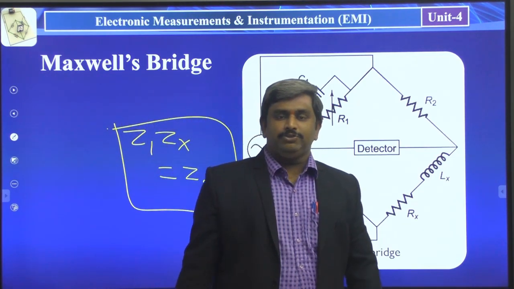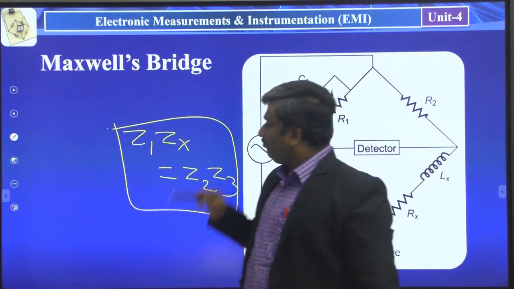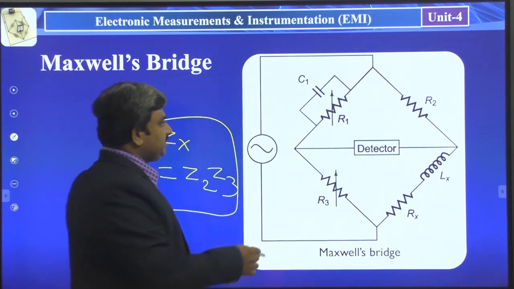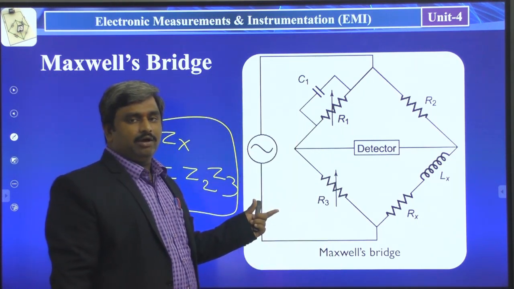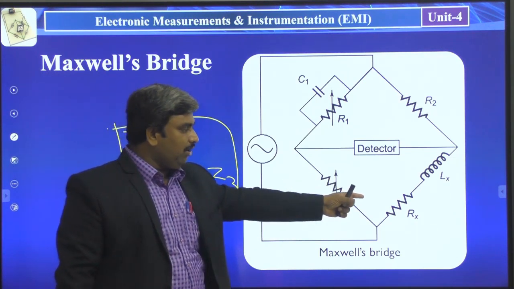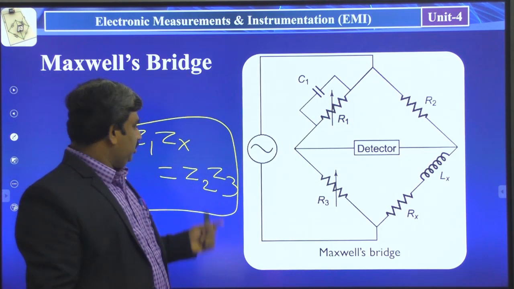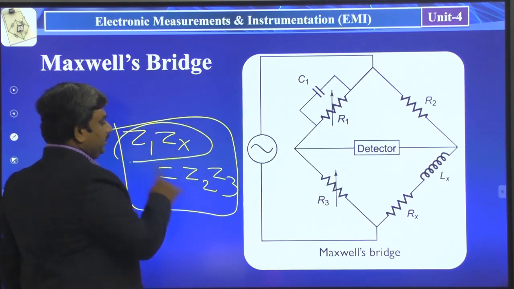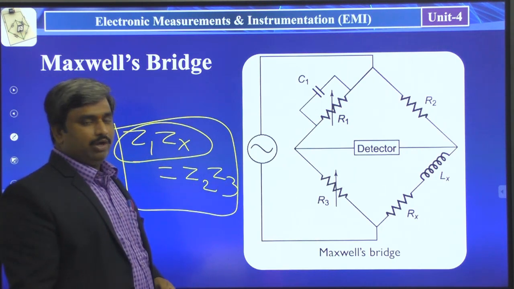This is the bridge balancing condition in AC bridges. Here Z1 consists of R1 and C1 parallel components, and the fourth arm Rx and Lx is Zx. Z2 is equal to R2 and Z3 is equal to R3.